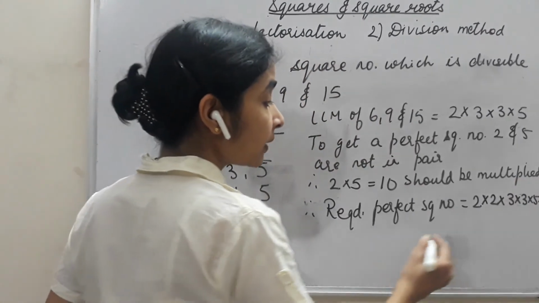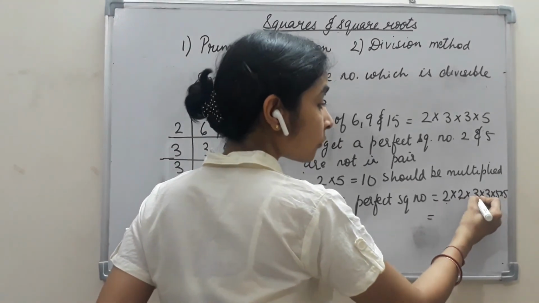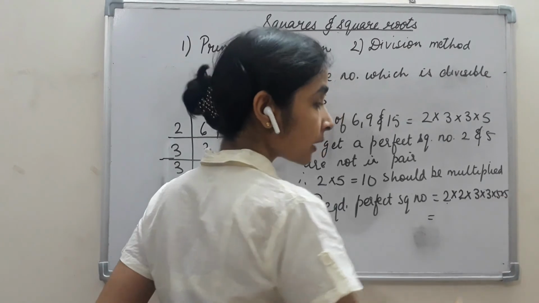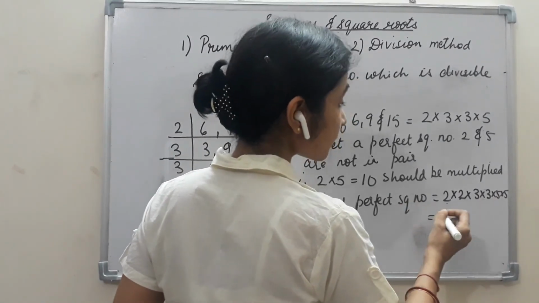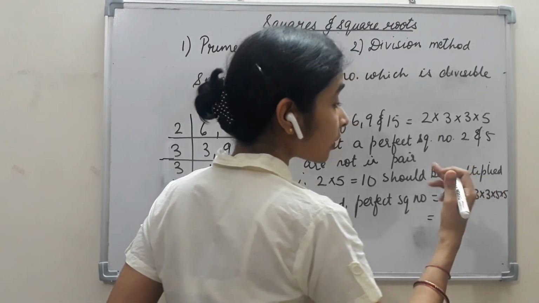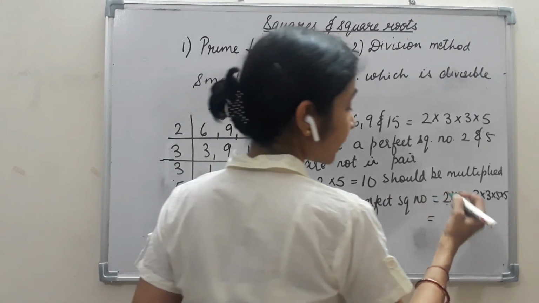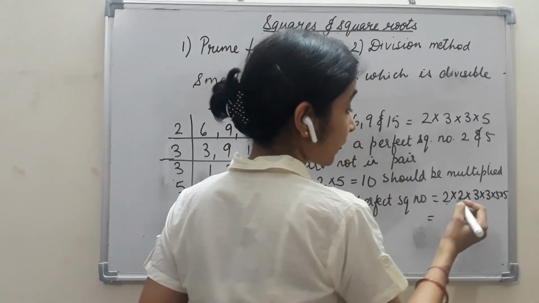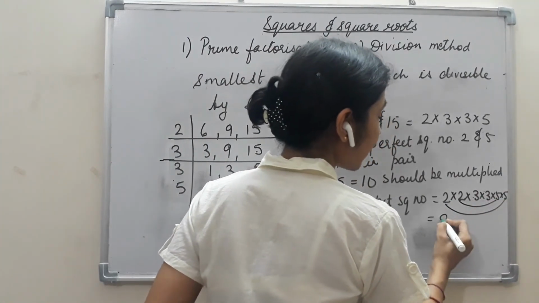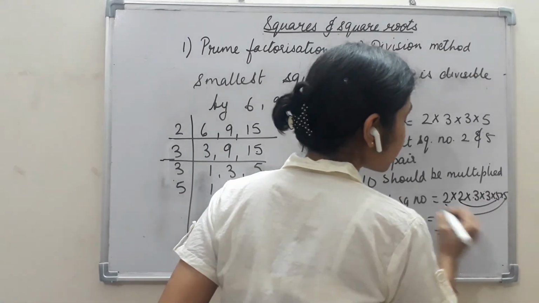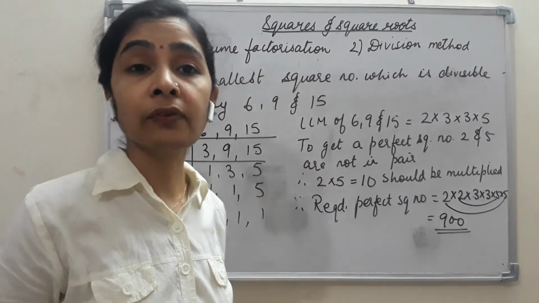Okay, so what will be the number? 2 2s are 4, 4 3s are 12, 12 3s are 36, and 36 into 25. So let us do it in another way, taking an associative property. So 2 5s are 10 and 2 5s are 10, and 3 3s are 9. That means 900 will be the perfect square number, which is divisible by 6, 9 and as well as 15.